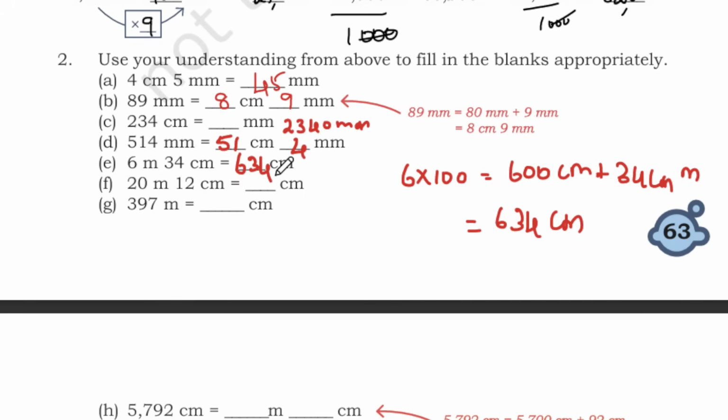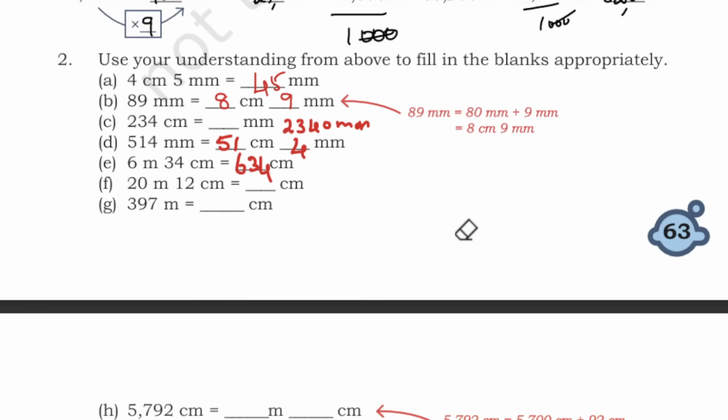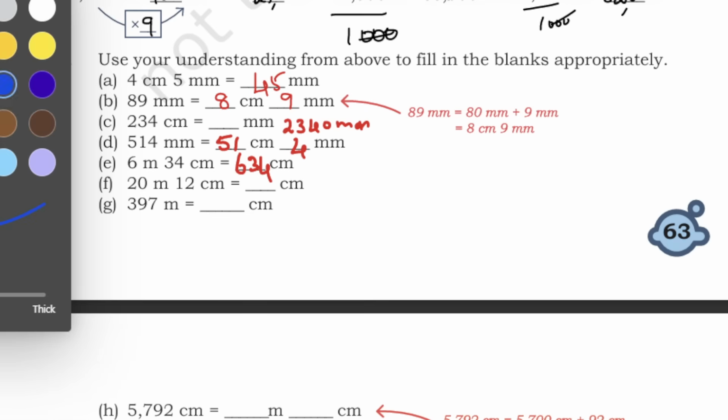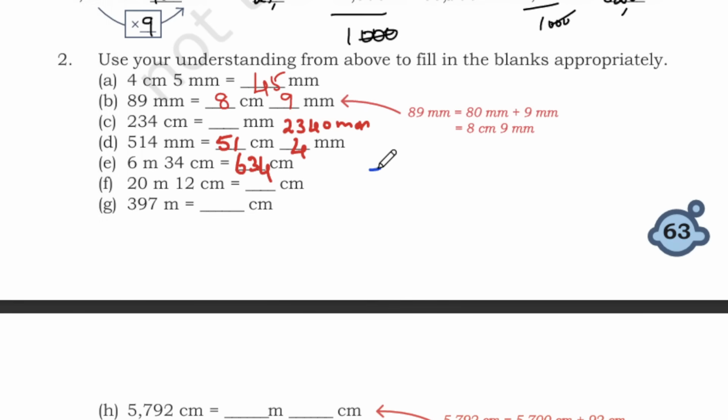Okay, next we have 20 meter and 12 centimeter. So 20 meter, again you have to multiply by 100. 20 into 100 is 2000 centimeter, plus you have 12 centimeter.